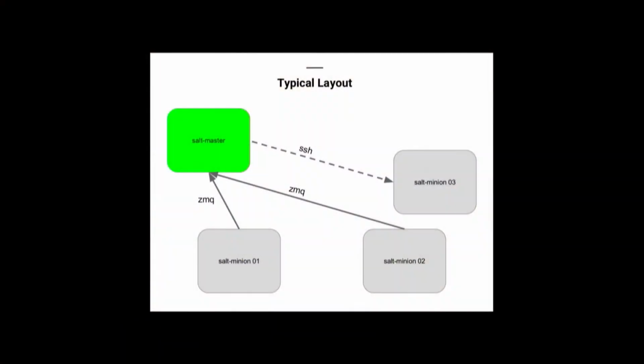In our diagram here, our minions that are connecting over ZeroMQ, or over TCP, have an event bus that they share with the Salt master. There are a variety of events occurring on the minions, and those get sent up to the master so the master can see what's going on. Some events that you can see on the Salt master are things like a minion when it starts up.